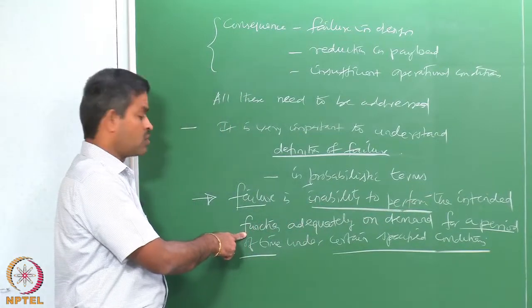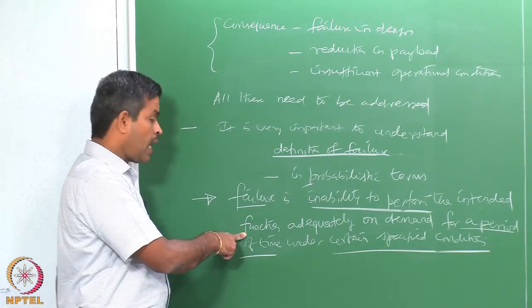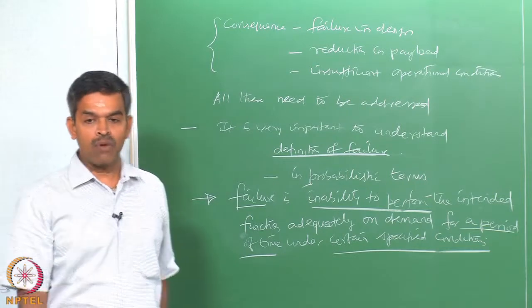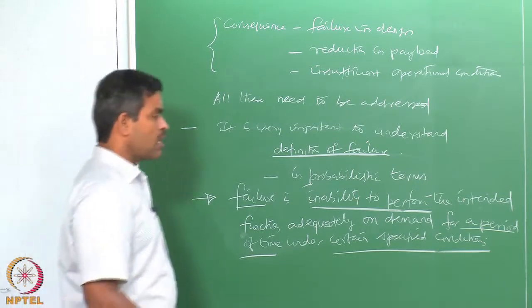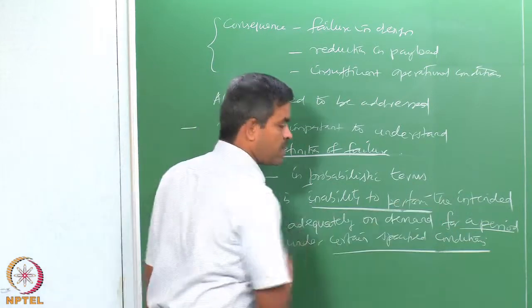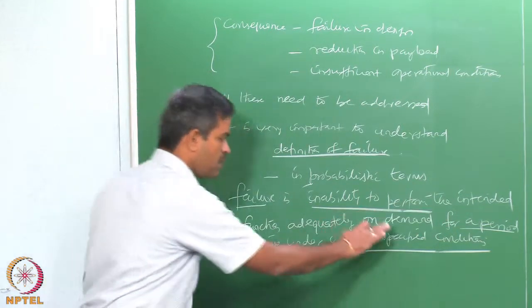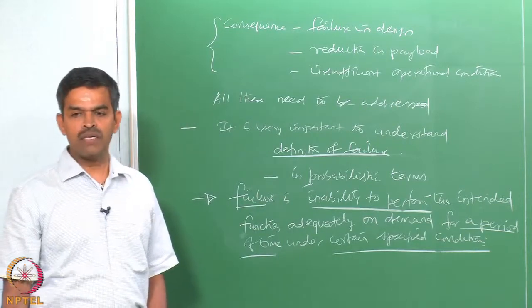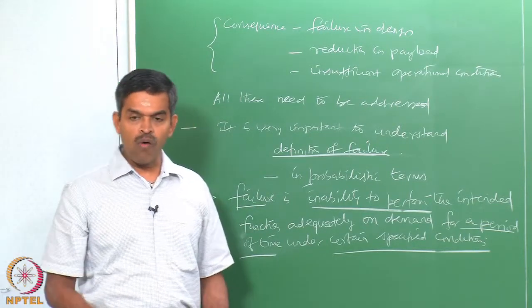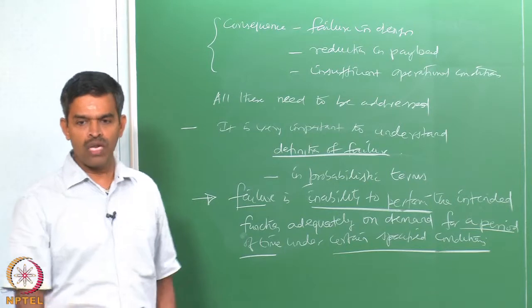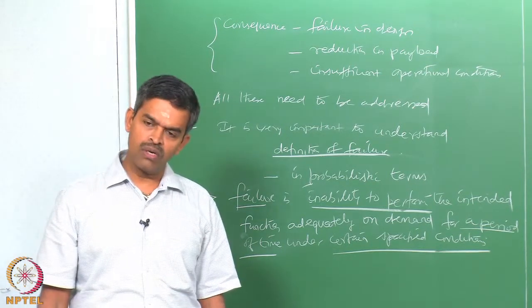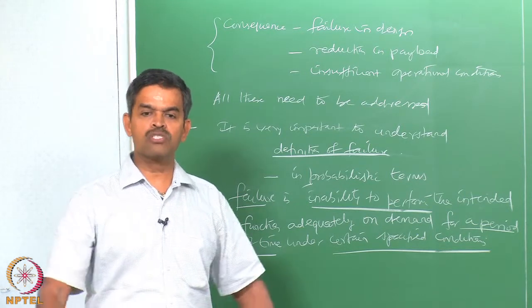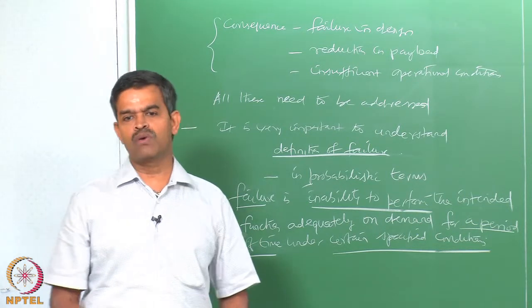I am not talking about structural failure or collapse of the system at all. I am talking about a functional inadequacy. The structure is not able to perform the intended function when it is demanded to perform under certain specified conditions over a specific period of time only. So, reliability analysis is very important, and therefore, it is also applicable and constrained within a specific time window.